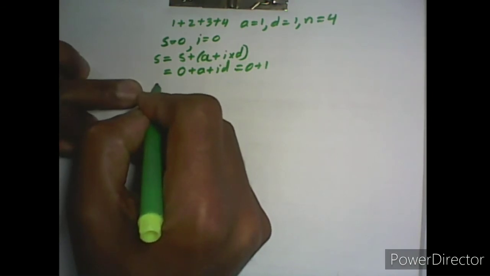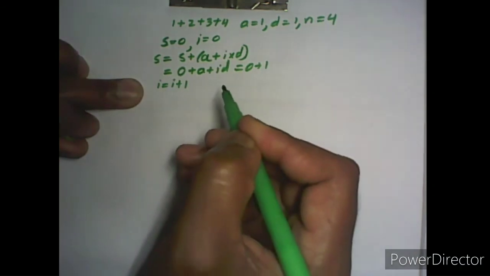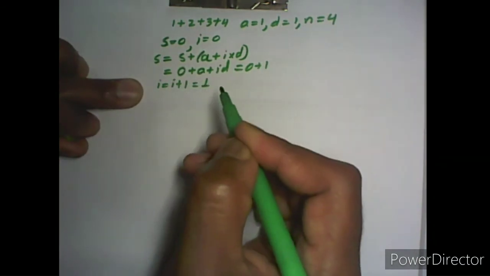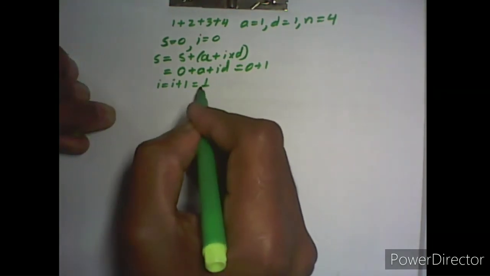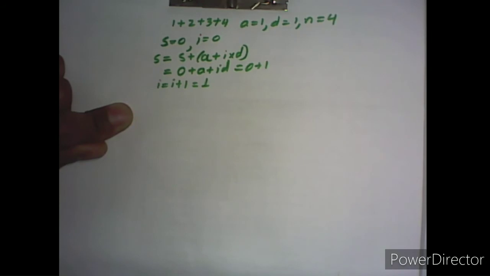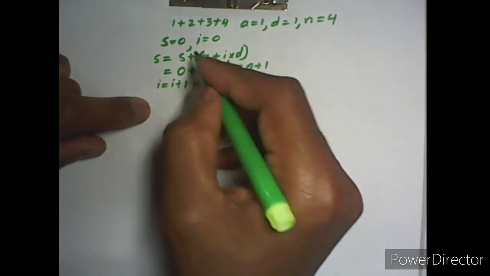Then what we are asking it to do, counter increase, I is equal to I plus 1. Whatever was the earlier value of I, that was 0, so 0 plus 1, I becomes equal to 1. Right? Then check the value of I. So I is less than 4. If I is less than 4, go to this step again.